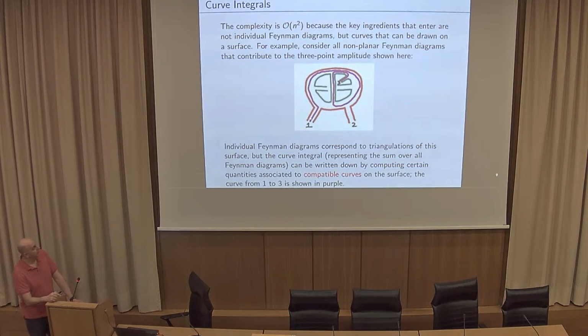It's an open surface, meaning it has a boundary. It has 2 boundaries, one of which is red and one of which is green. On this red boundary, you've got 2 of your external particles, number 1 and number 2, and they're like holes or punctures in my surface.